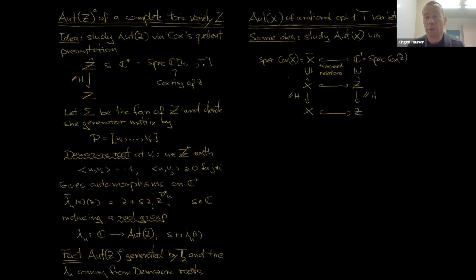So it is embedded into C^r, and this C^r is the spectrum of the Cox ring of a toric variety. And as seen in the example construction, our X comes embedded into this toric variety. And we hope that our X inherits as much as it can from this toric variety.